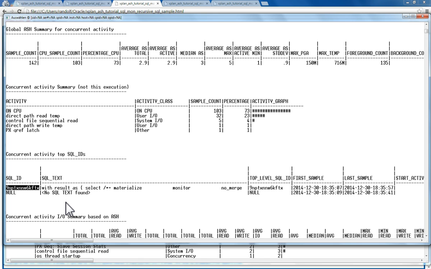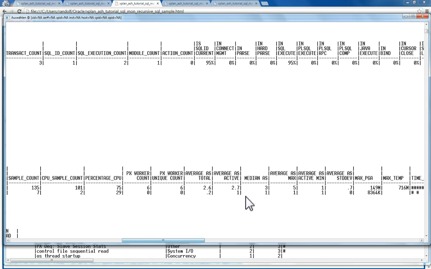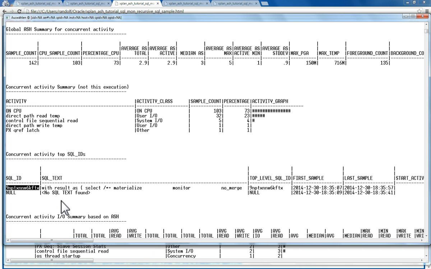So the summary level here is on SQL ID, which might cover as many different SQL executions as there are covered by these active session history samples. So that's maybe an important point to mention, that this information here is about this SQL ID, which might mean many different executions of this SQL ID.